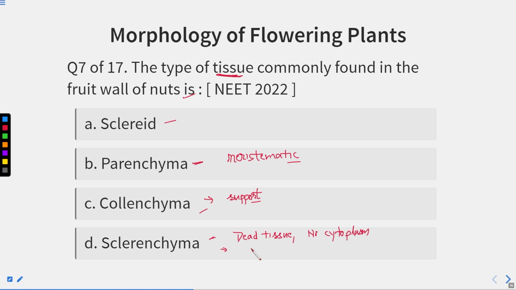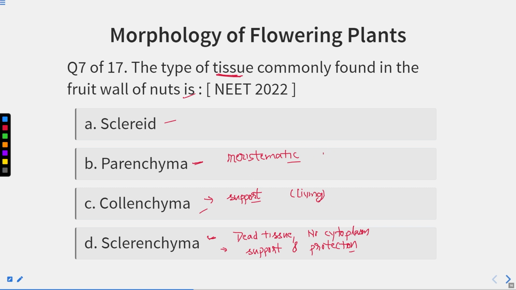What is the function? Support and protection is the function of sclerenchyma tissues. Sclerenchyma tissues have thick secondary walls. Alright, collenchyma, they are living cells. Sclerenchyma is dead only.